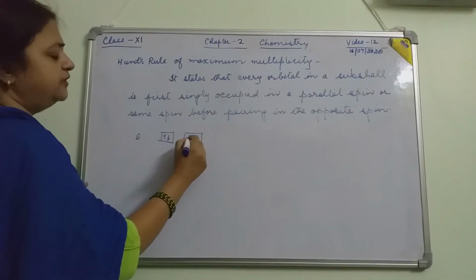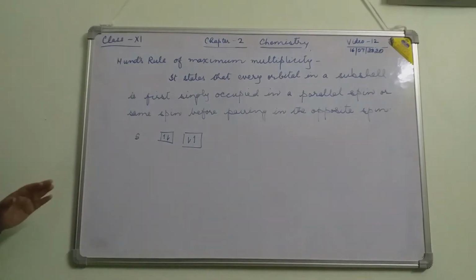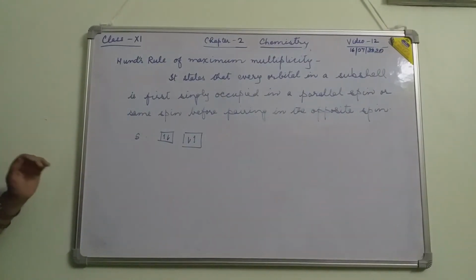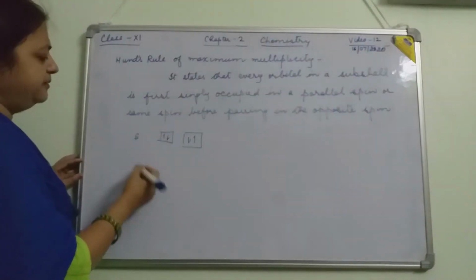We can also fill an electron anti-clockwise or clockwise. According to maximum multiplicity, these two are the same.